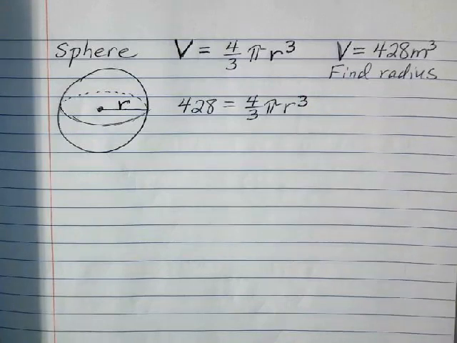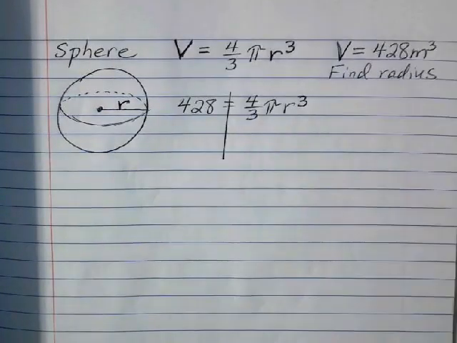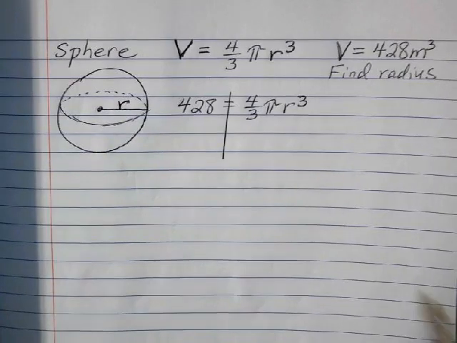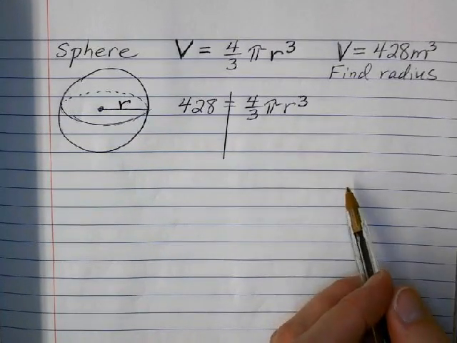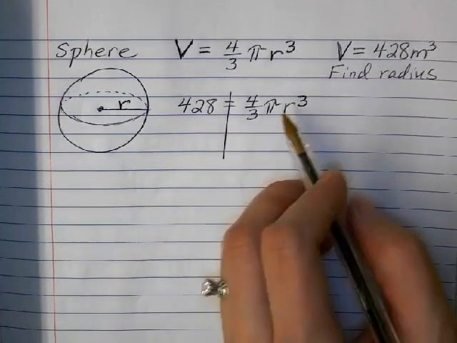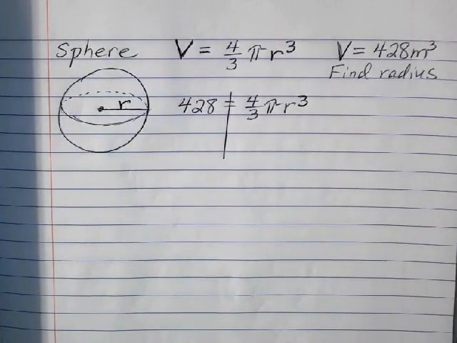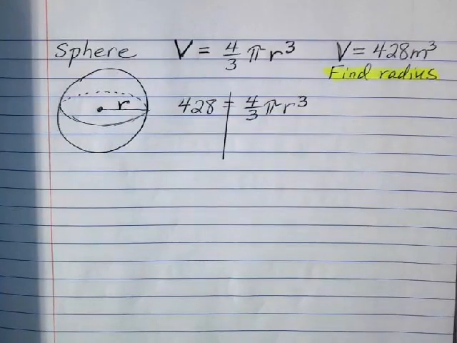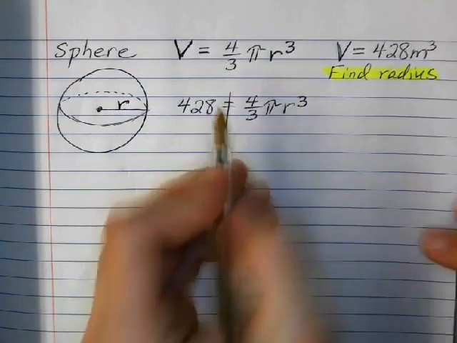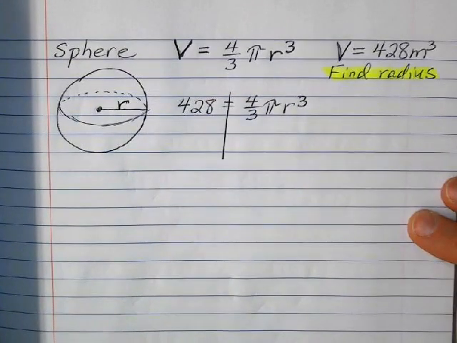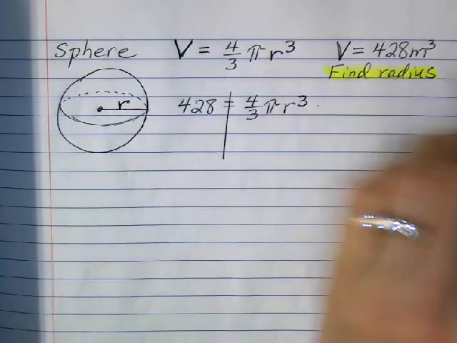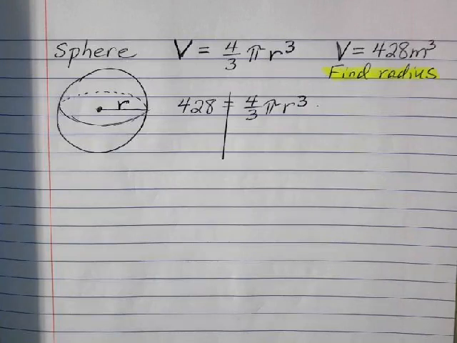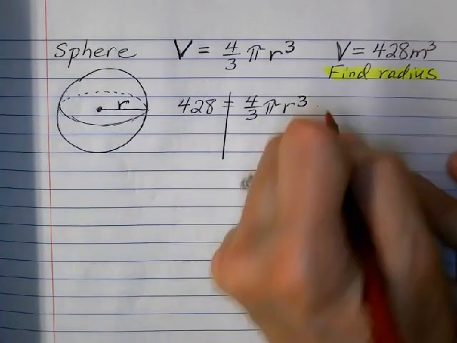So how are we going to solve this? If we want to try to find the radius, but it has all these numbers in there. What do you say? Say that again. Yeah, if you multiply by 3/4, it says 4/3 in the problem, but if you flip that, yeah, like multiply by the reciprocal, times by 3/4 on each side.